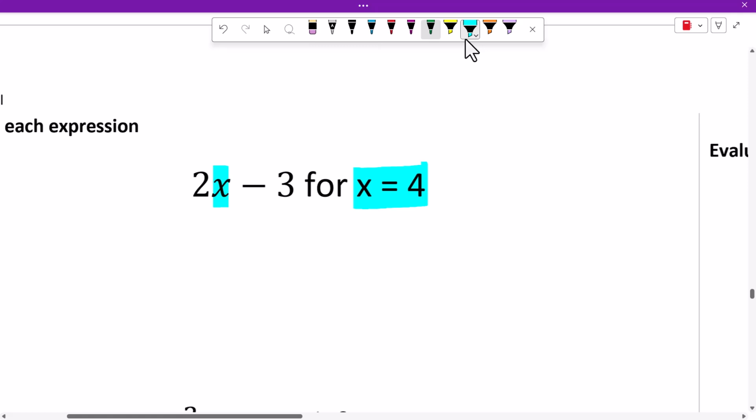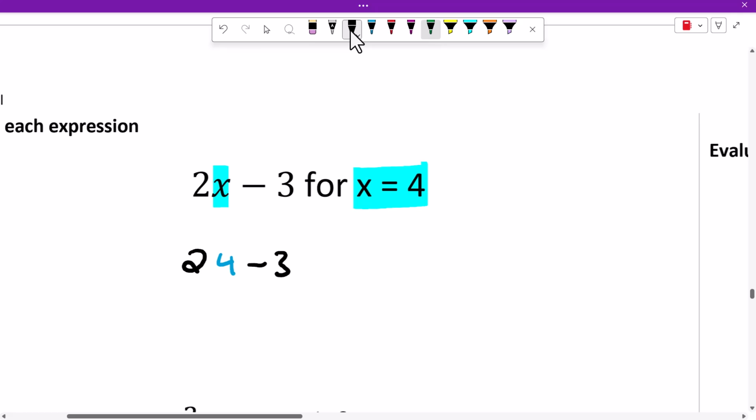And when you insert numbers in, you do so with brackets.